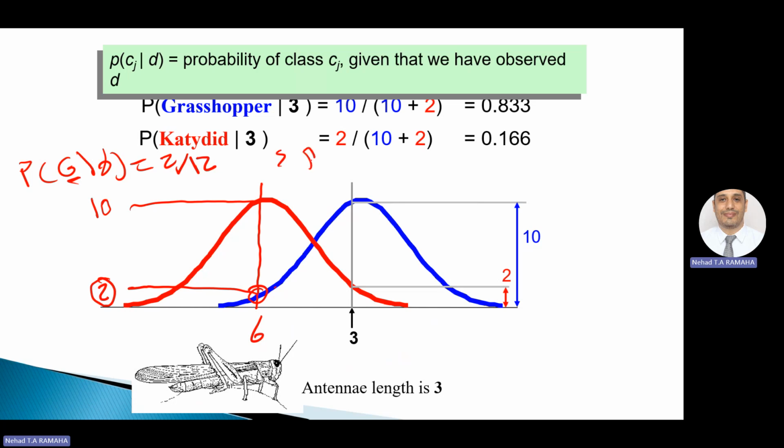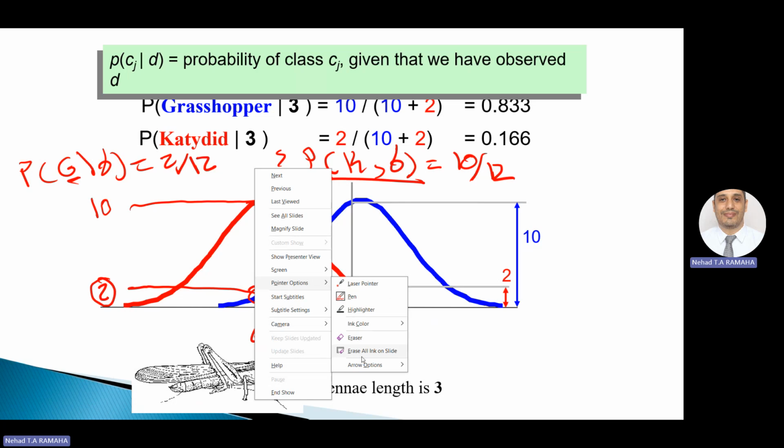And the probability of katydid given 6 antenna length: how many katydid here? We have 10, divided by the total, which is 12. So it's almost surely katydid.